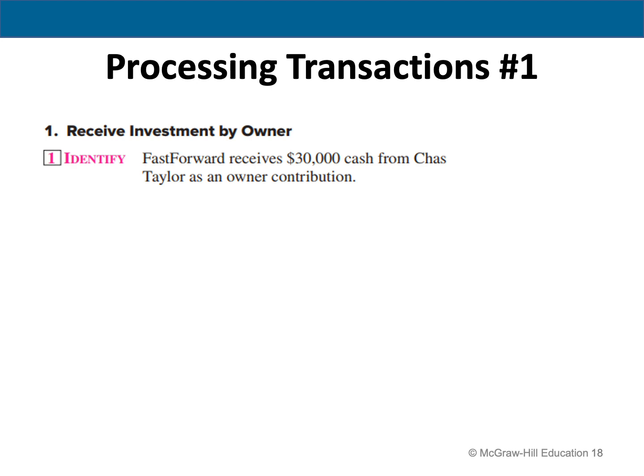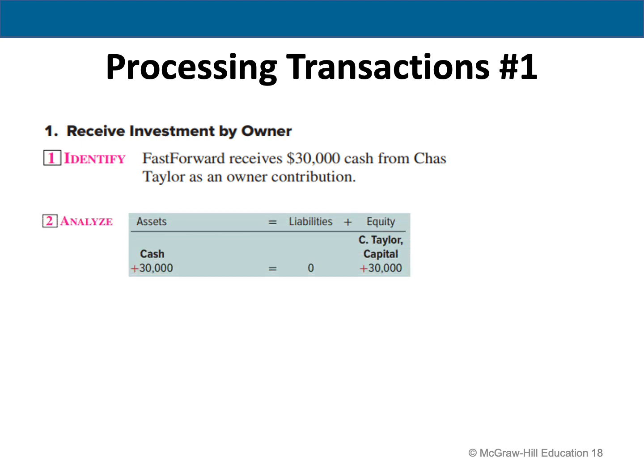So now remember, when an owner invests his money in a business, it means that my cash will increase and my capital will increase. So the second step is to analyze. Because the owner invested money in the company, to analyze that, we say cash is increasing by 30,000 and capital is increasing by 30,000. We already explained the analysis in Chapter 1.